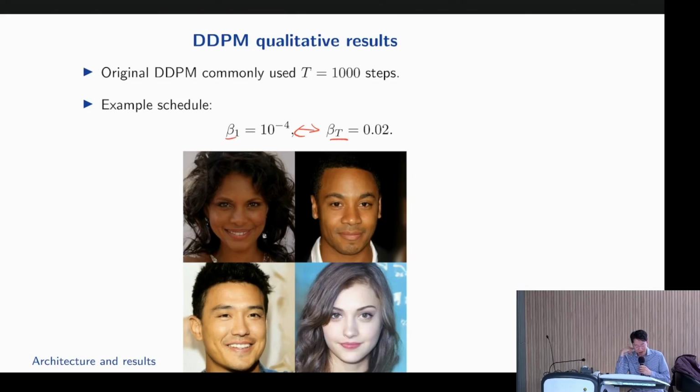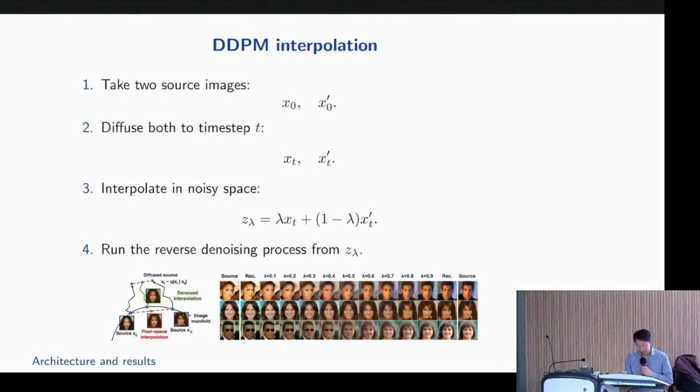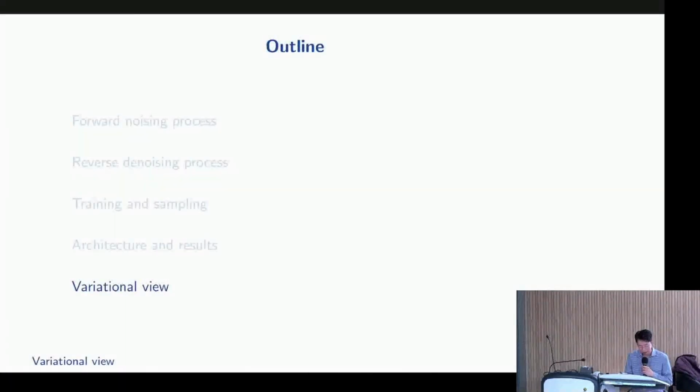And I think, yes, mathematical details are important, but the critical thing is to give a chance for the network to repeatedly clean the noise by using thousands of iterations on itself. So you can do a lot of interesting interpolation in the latent space, but I'm going to skip the details.